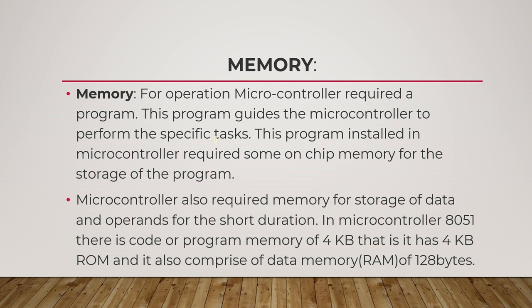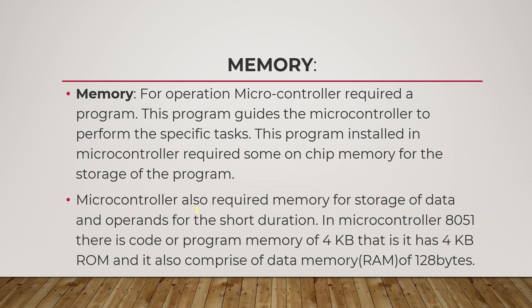This type of guidance or instructions is given by the program. The program installed in a microcontroller requires some on-chip memory for storage. For example, if we dump the program and the microcontroller doesn't have memory, where do we store it? It cannot store it, right? So we have some on-chip memory to store the program.